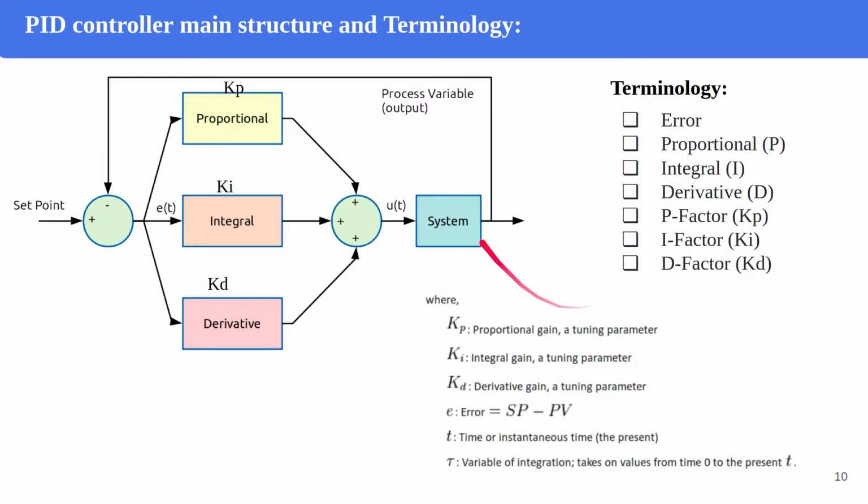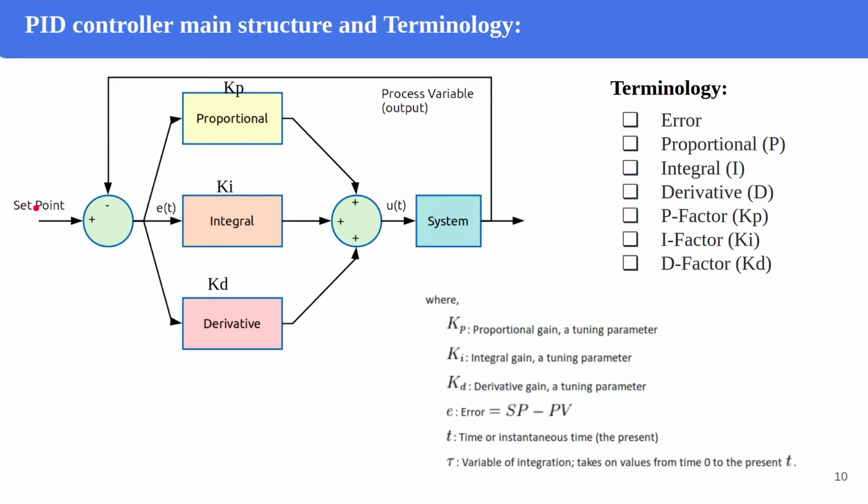Here we have the main structure and the terminology of the PID controller. A PID controller, as you see, is a control loop feedback mechanism that is widely used in industrial control systems. A PID controller calculates the error value as the difference between a measured process variable and the desired set point.